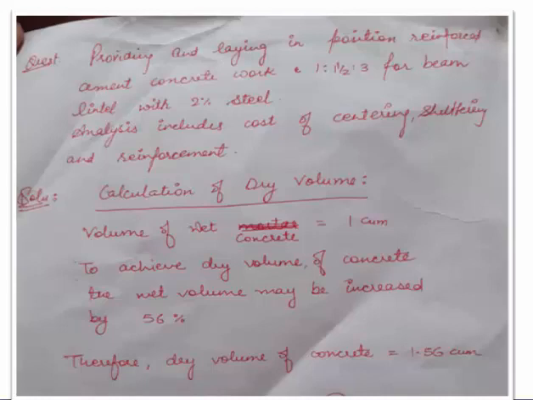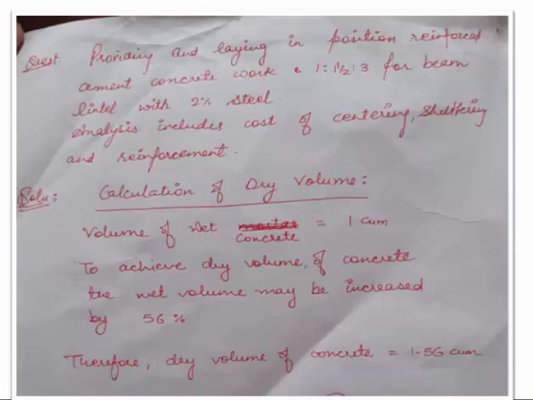So in this particular question, you have been given the ratio proportioning of the cement concrete, which is 1:1.5:3. Then you have been given the quantity of the steel which is to be placed in the lintel, that is 2% steel. So we have to prepare the analysis, including the cost of centering, shuttering and reinforcement. So basically we are following the DAR which is for the year 2001 or before 2001, right?